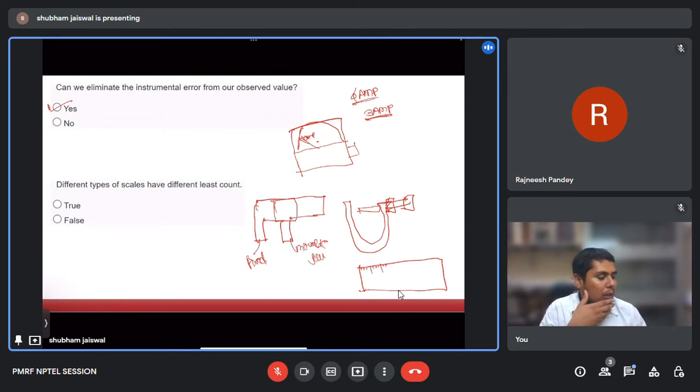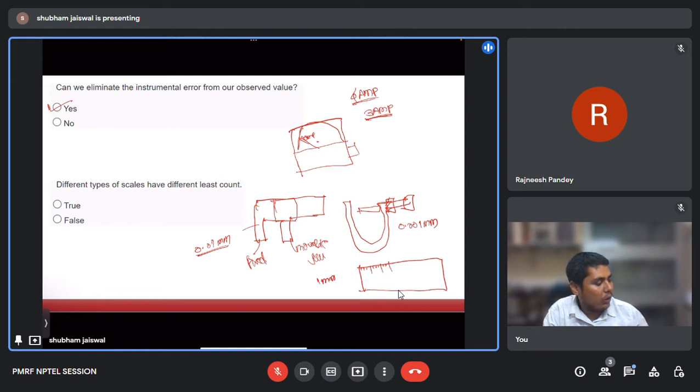As we can see, the least count of the vernier is 0.01 mm. That means this is the minimum distance that we can measure using the vernier scale. For the screw gauge, the least count is 0.001 mm. And for the steel rule that we use day to day, the least count is 1 mm.